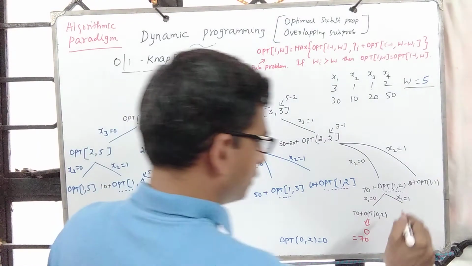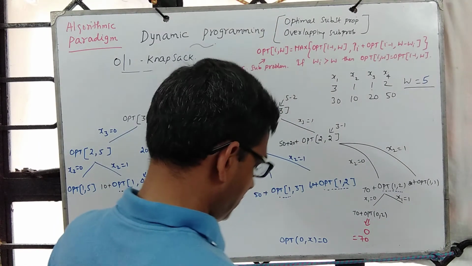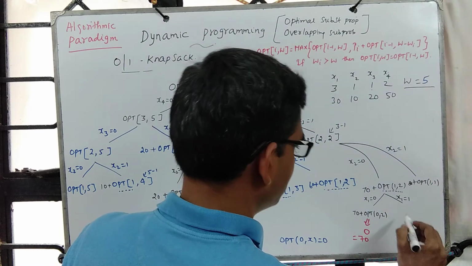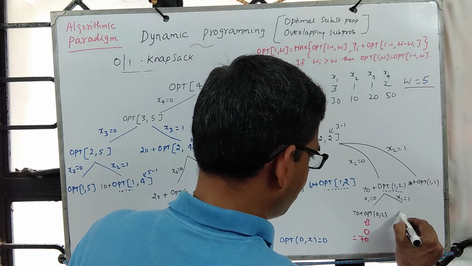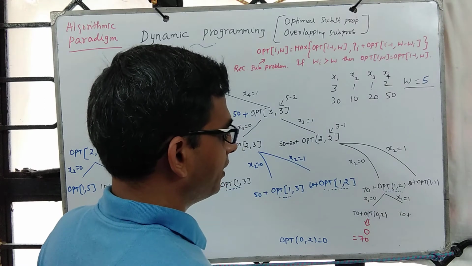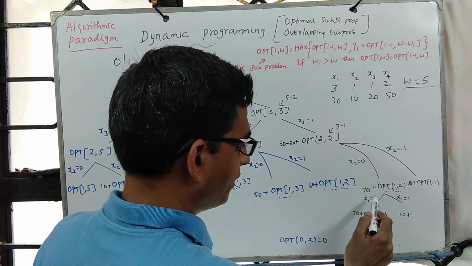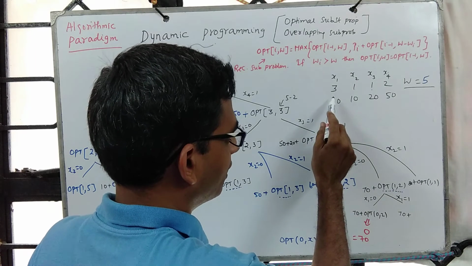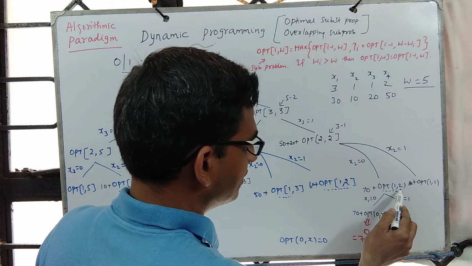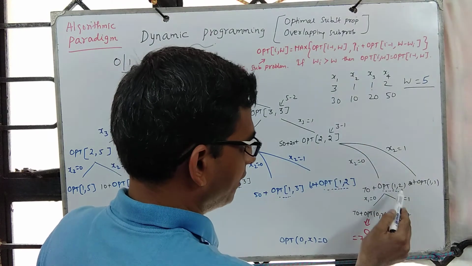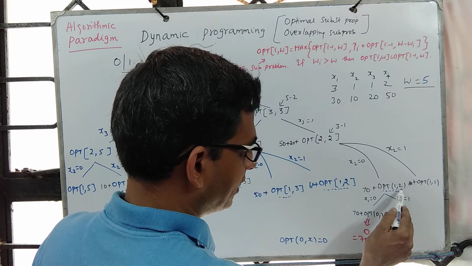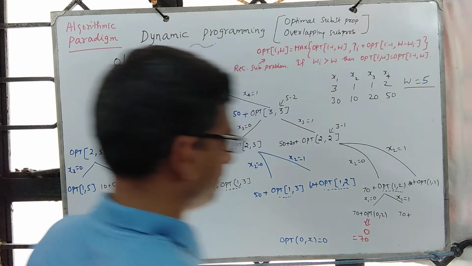Fine. And this says you include x1. So if we include x1, we get a profit of so much. So we will have 70 plus this. But remember, if we include x1, we will get profit of 100, but we are exceeding the capacity, because if we want to include x1, we need at least 3, but we know that only this much is available, correct?